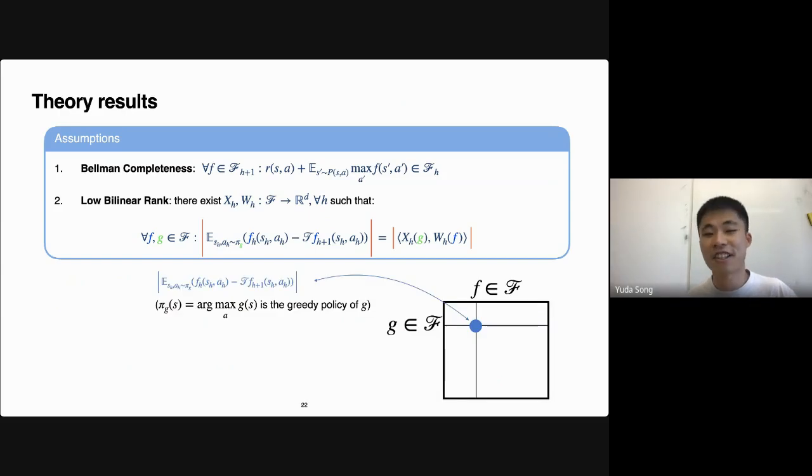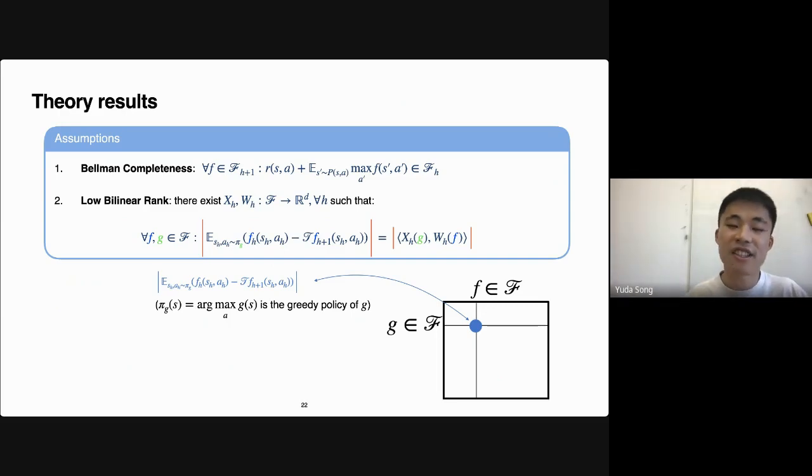Some visualization: imagine a huge matrix where each row is defined by each function in your function class, and each column is also defined by your function class.